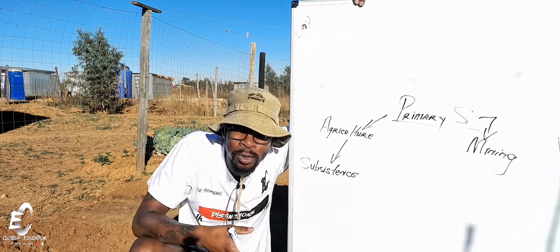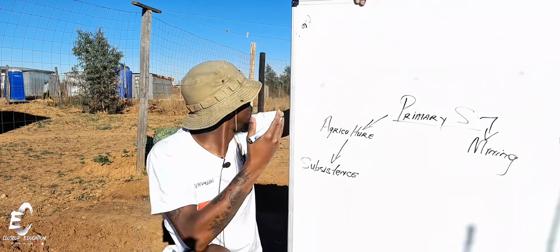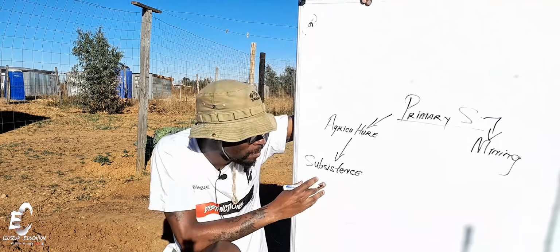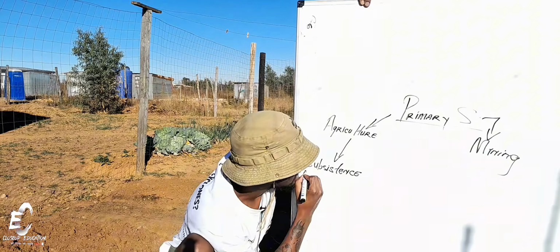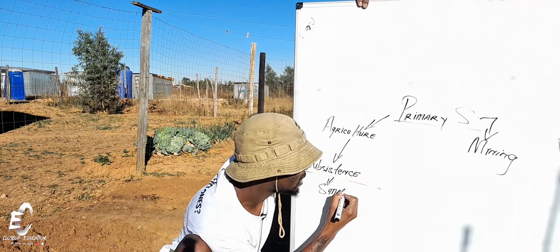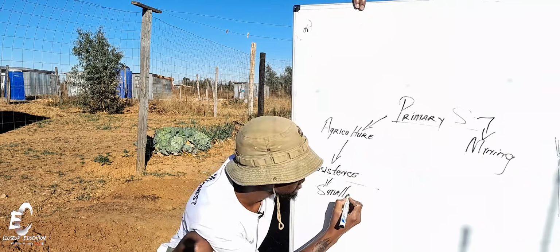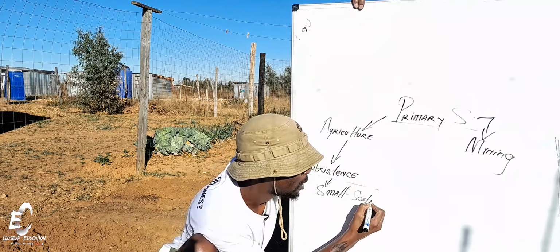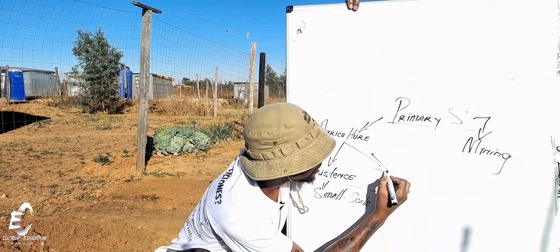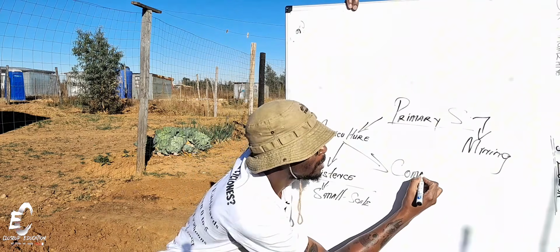I said we are going to be doing subsistence farming, and you can see I do not have acres and acres of land. That means it is small scale, right? When we're talking about subsistence, we're talking about small scale farming. Then there's obviously the second one, which is called commercial farming.